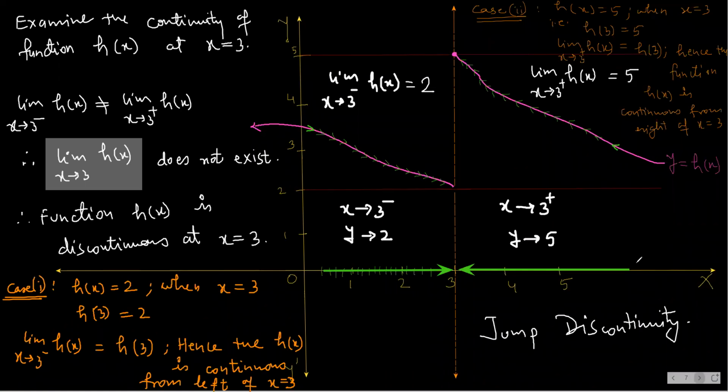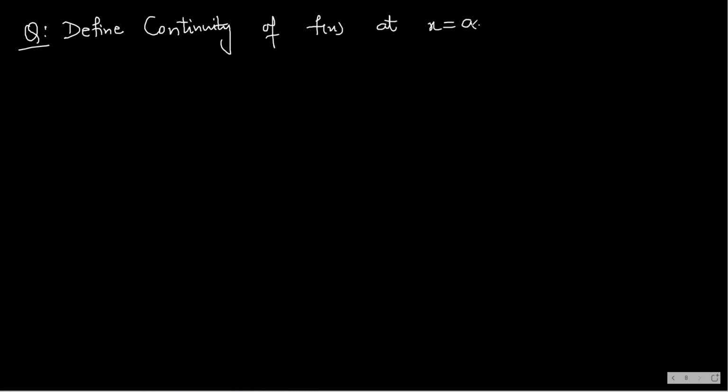So now we are in a position to write the definition of continuity of a function f of x at x equals to a. So here I write the question: define continuity of f of x at x equals to a.